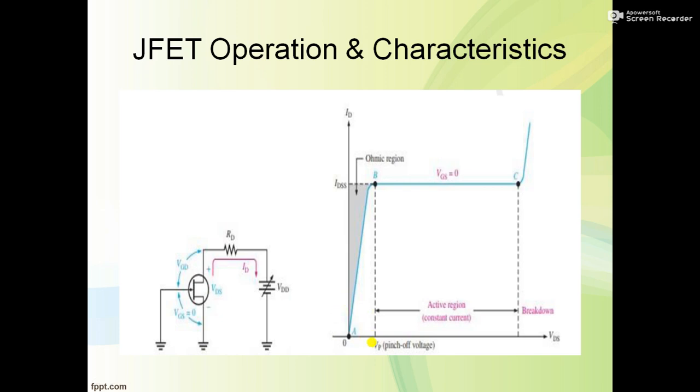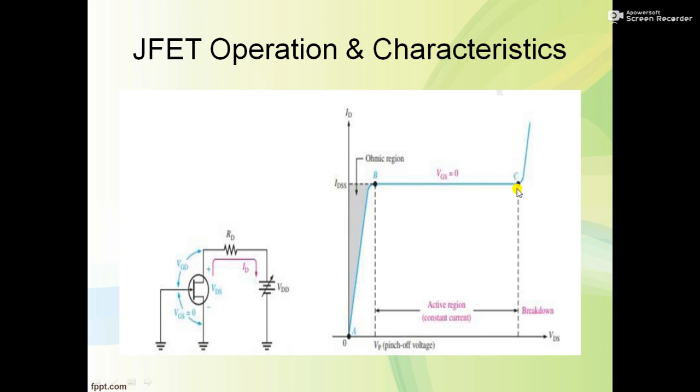The pinch off voltage means the voltage VDS at which the current ID reaches its constant saturation level. Exactly at this point, the drain current reaches its saturation current level. So that voltage is called the pinch off voltage.